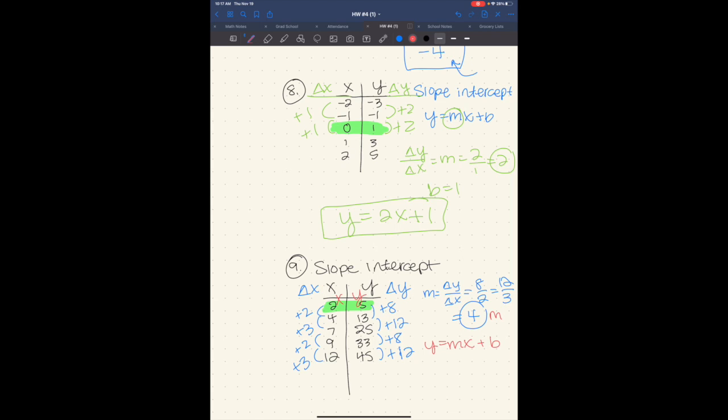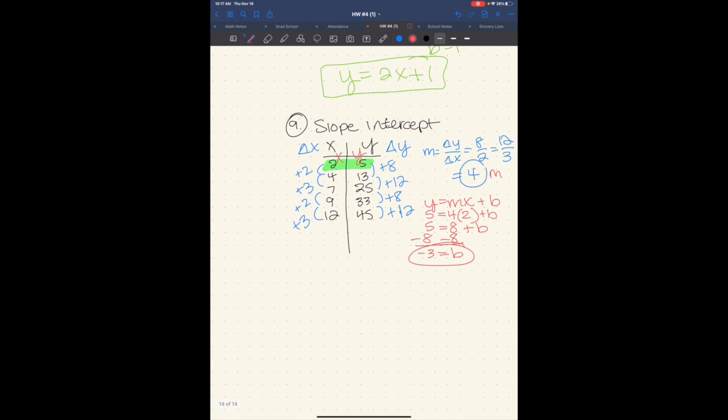So y is 5, m is 4, x is 2, and then I have plus b. So 5 equals 8 plus b. Subtract 8 from both sides, and you get negative 3 equals b. So now I have to write out the whole equation. So I get y equals 4x minus 3.